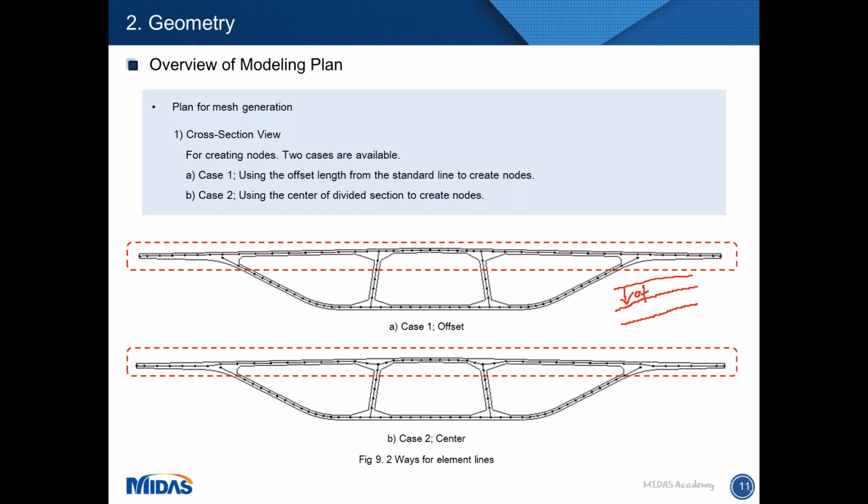And case number two is using the center of each part. In this method, element lines are drawn in the central location of the divided section. So for example, here is a tapered section, and I can take a section for that, and I connected the center position of each section like this.